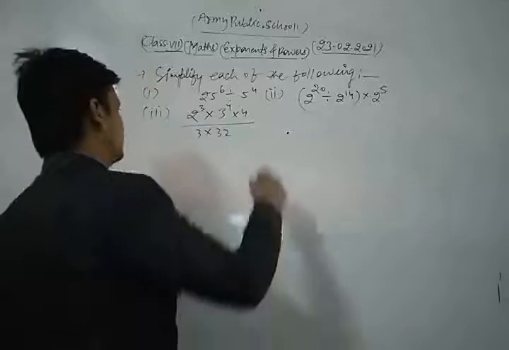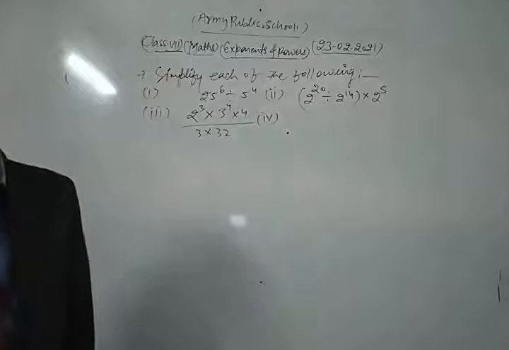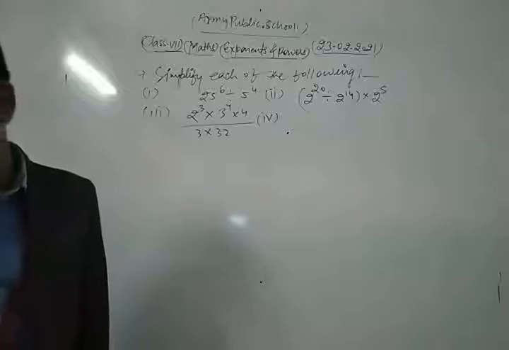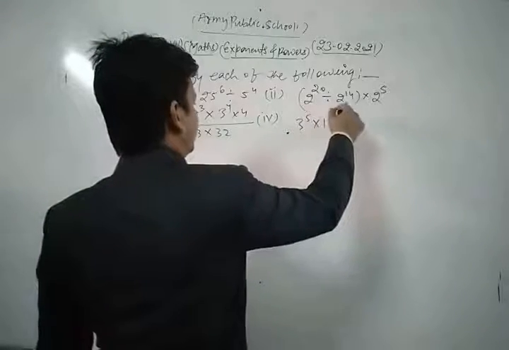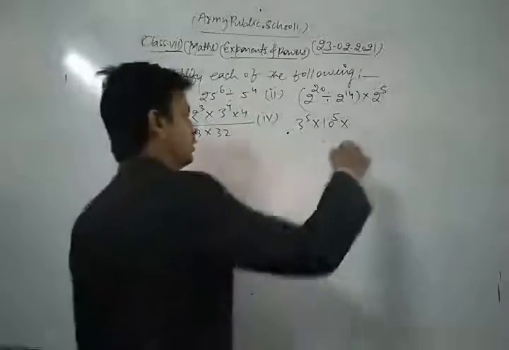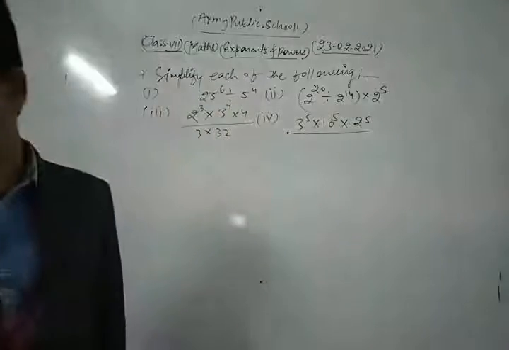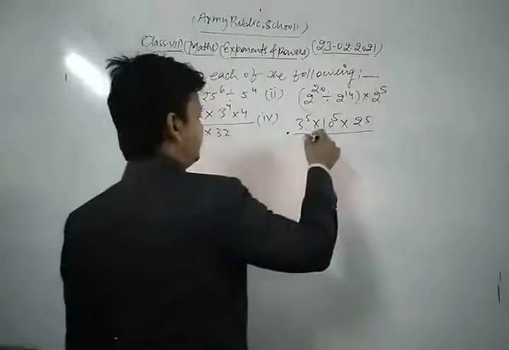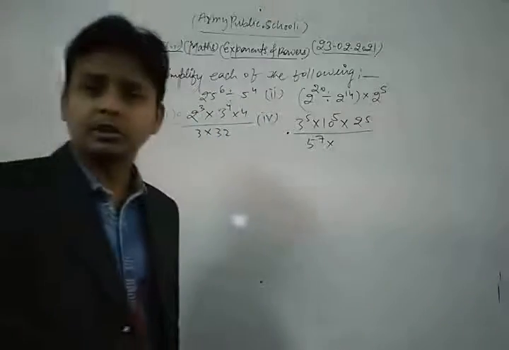Next part of this question is what? 3 to the power 5, 10 to the power 5 into 25 upon 5 to the power 7 into 6 to the power 5.